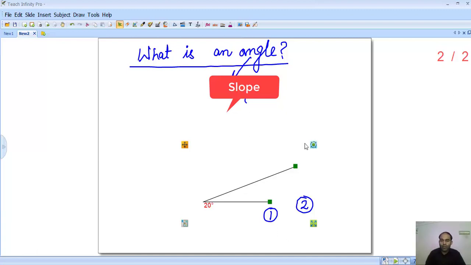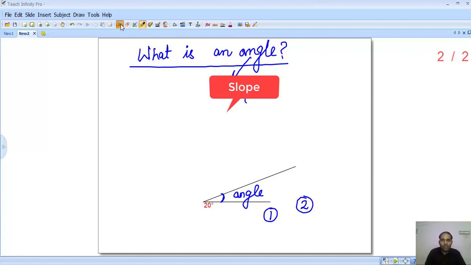Now if you put one ball here, that will not stay here, that will come down due to the slope of the line. That slope is called angle. This is an angle.